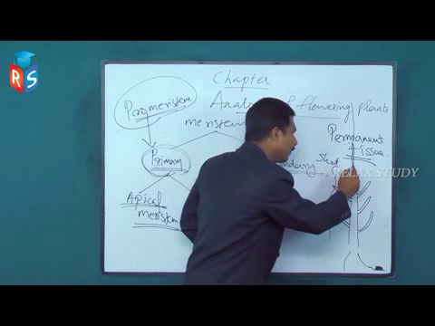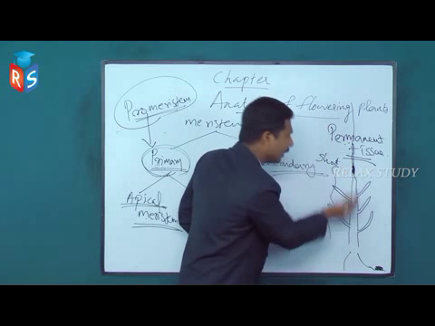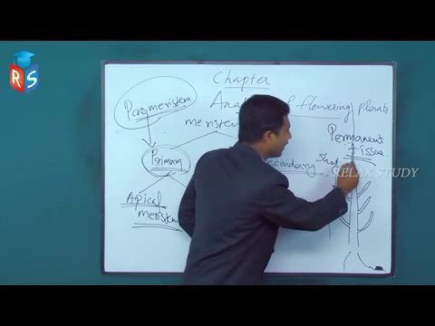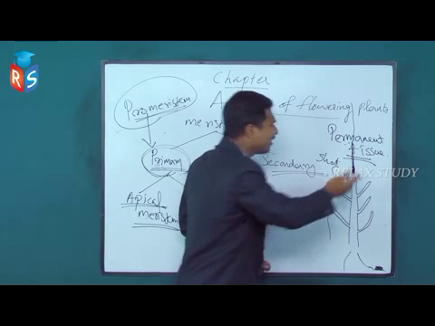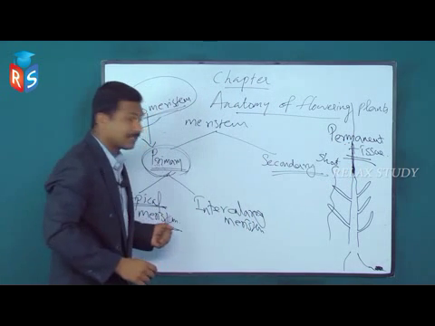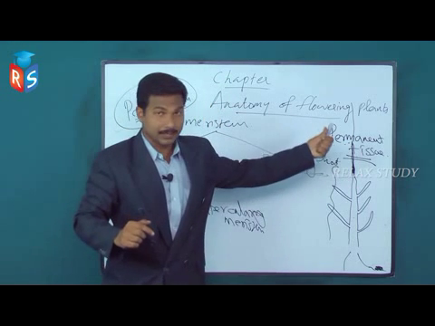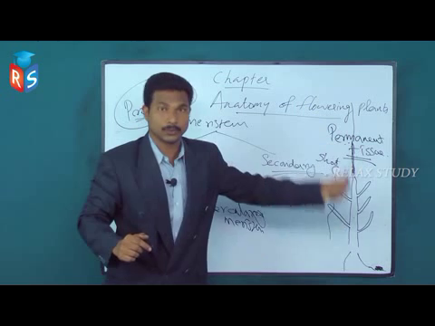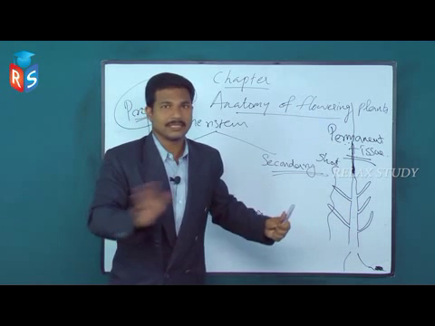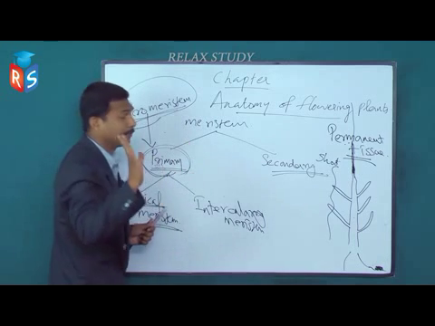Again, they will divide, and some cells formed become part of the lower portion. Like that, its length is elongating. So you have to understand, apical meristem is present at the apices of the stem, that means shoot, and root. That is a character, and these are responsible for the main plant body growth.